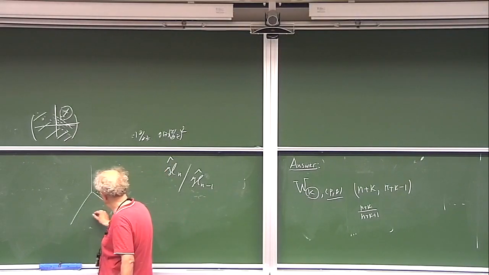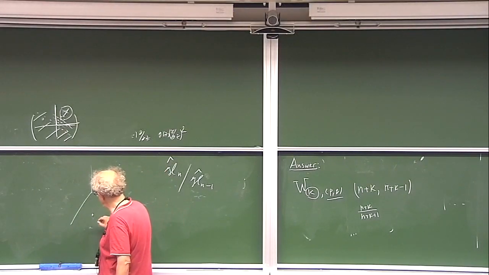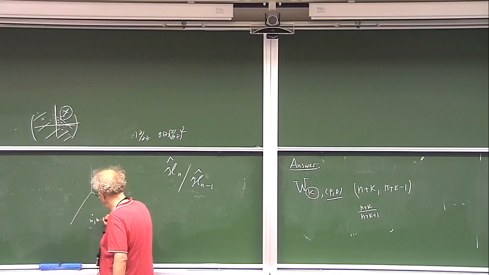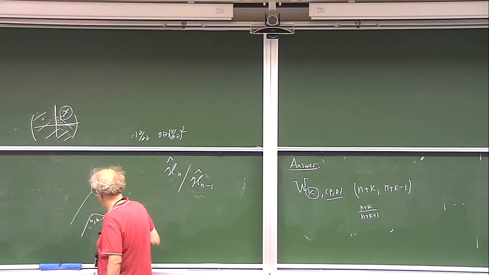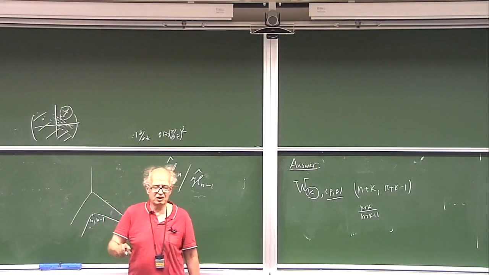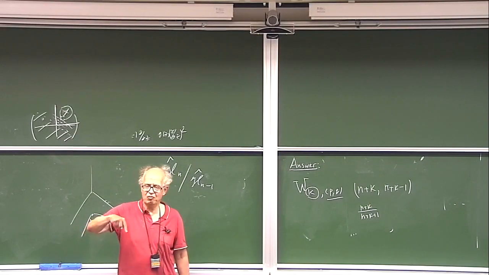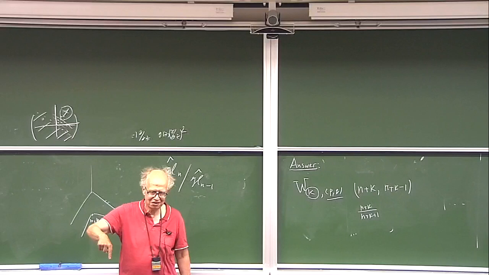We have to put here in the bottom a point n minus 1. I explained before that we had point n. Now we have a point n minus 1.